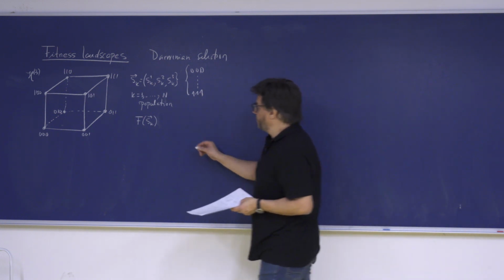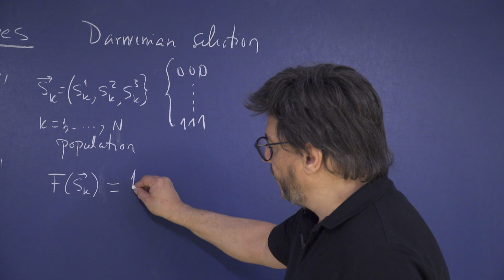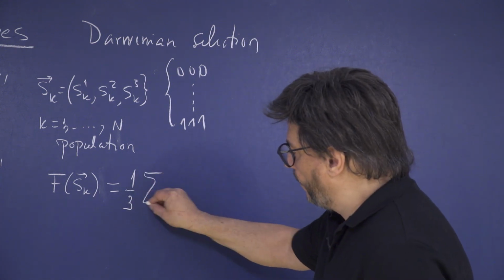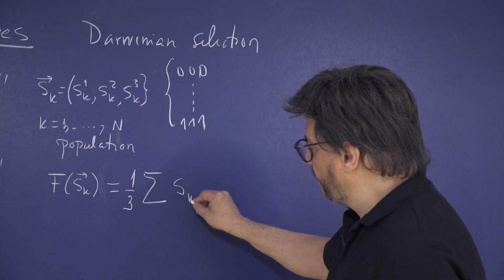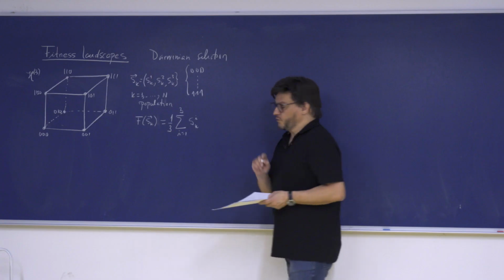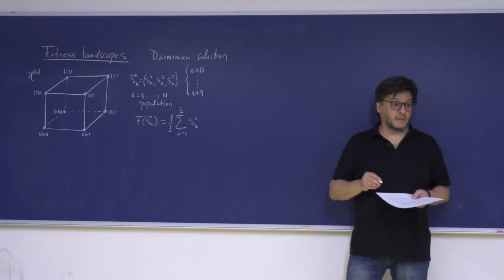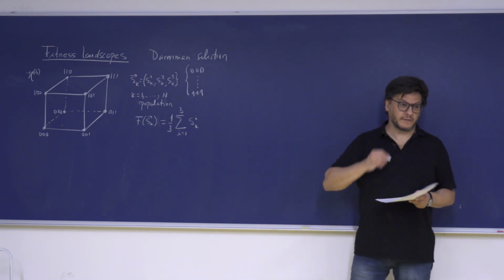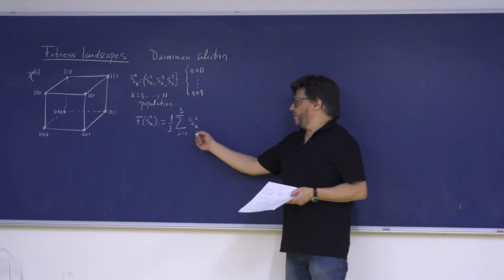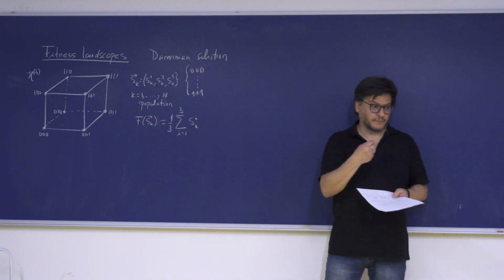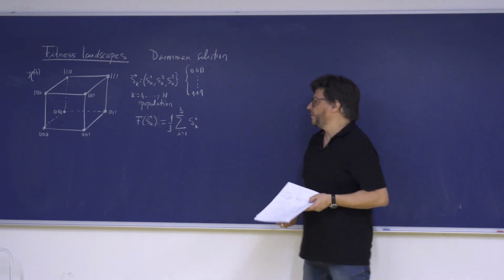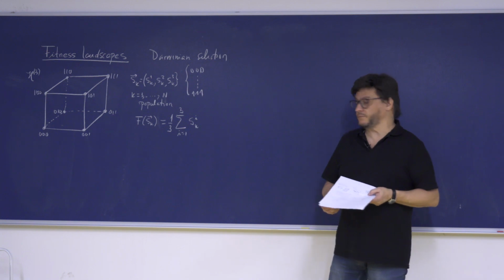So in this particular case, since I only have 3 elements, what I do is just to make the sum of bits. The more ones I have, the higher is the fitness. For example, these ones could be some components of growth. The more genes are mutated that make grow faster, the better.